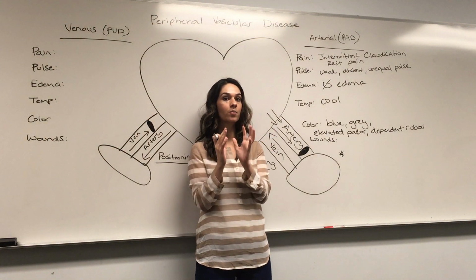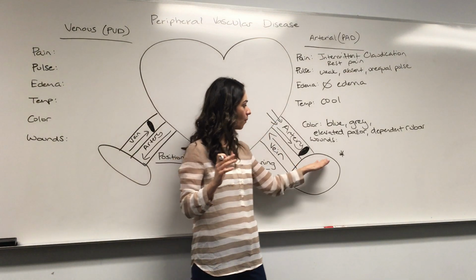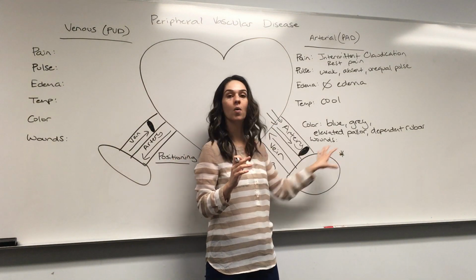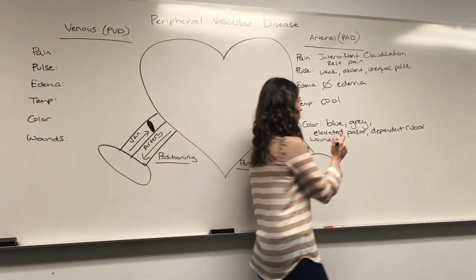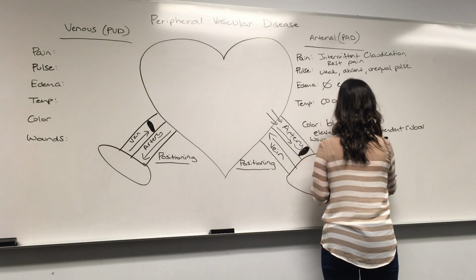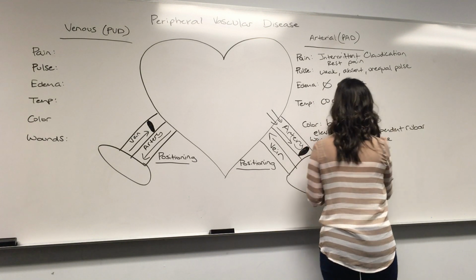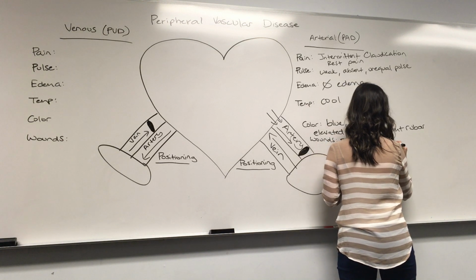They don't have irregular borders. They're typically pretty smooth in appearance. And they more so manifest in the toes, the heels, in any areas of pressure. So we're going to say regular in shape, and you're going to think toes, heels, and pressure points.